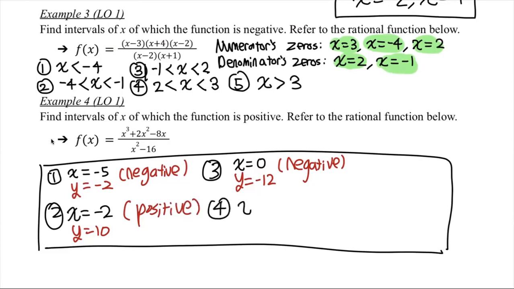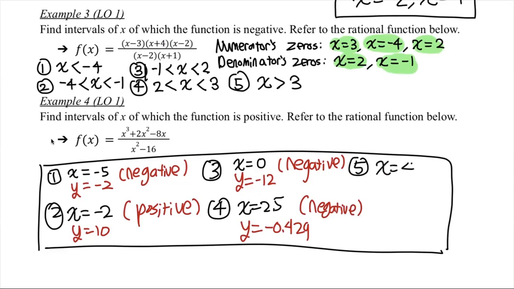We can plug in x is equal to 2.5 as our test point, and we'll get something close to y is equal to -0.929. That is also a negative value. For our fifth interval, let's plug in x is equal to 4. We'll get y is equal to 8/5, which is a positive value.